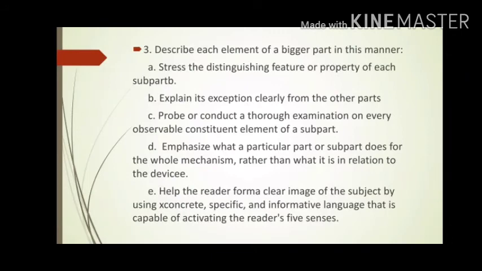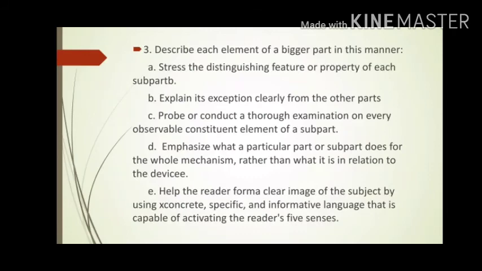C. Probe or conduct a thorough examination of every observable constituent element of a subpart. D. Emphasize what a particular part or subpart does for the whole mechanism, rather than what it is in relation to the device. E. Help the reader form a clear image of a subject by using concrete, specific, and informative language that is capable of activating the reader's five senses.